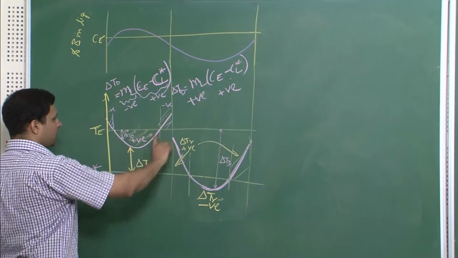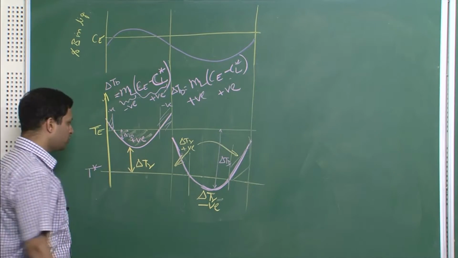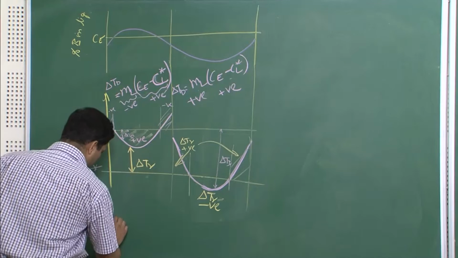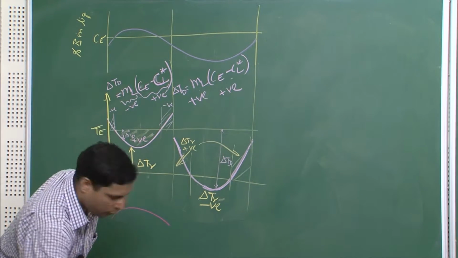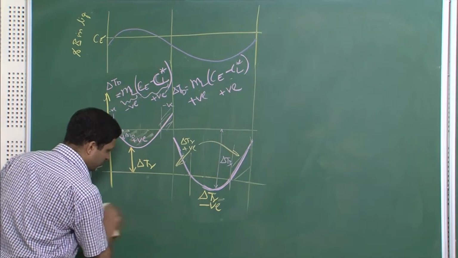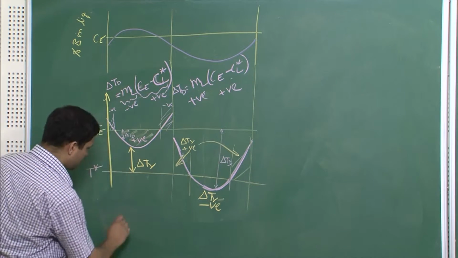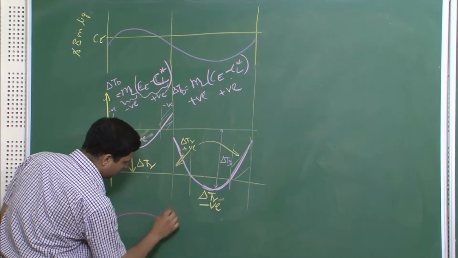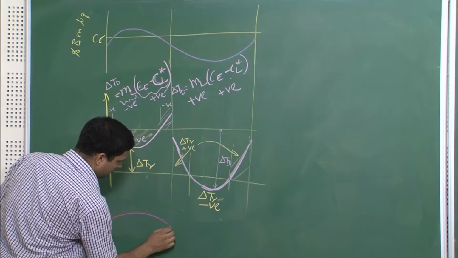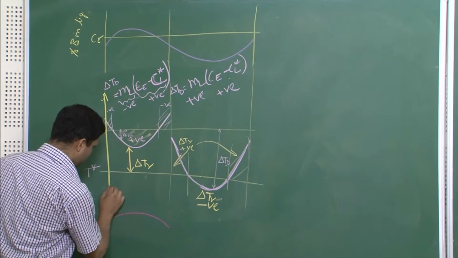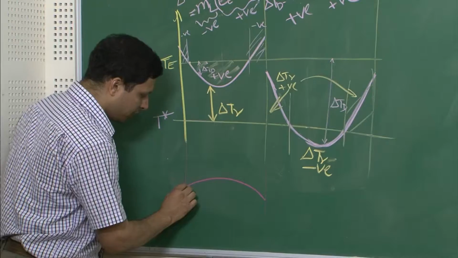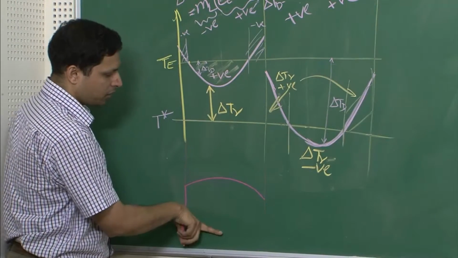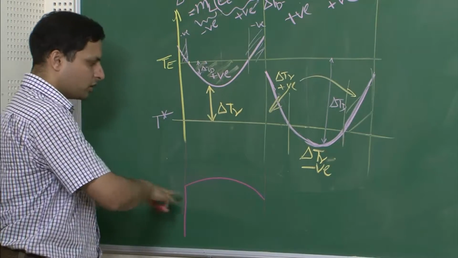Here we said delta Tr is positive throughout, and therefore, if we were to draw this, and this is a little too exaggerated, let me redraw this path. Let us say this is the radius at the tip. This part is liquid, this part is solidified, and this part is also solid.